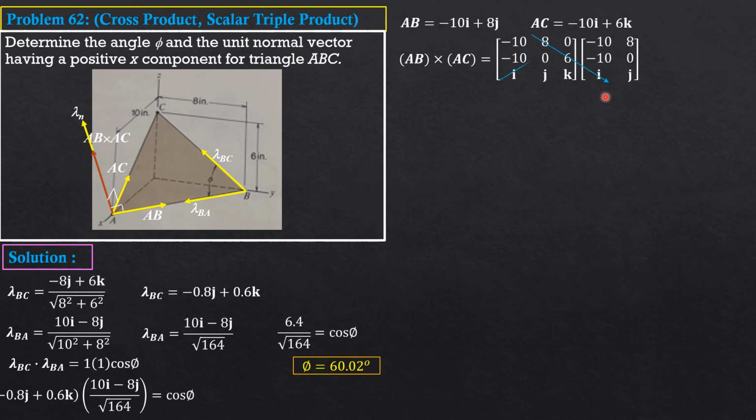So 48i, then for j, 0 minus negative 60, so positive 60j. Then for k, 0 minus negative 80, so positive 80k.